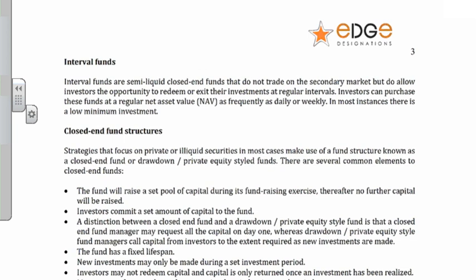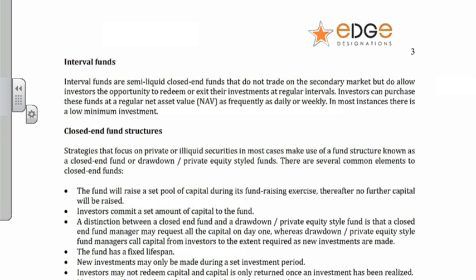We've also got interval funds over here onto page number 3. What are interval funds? These are semi-liquid closed-end funds. They don't trade on the secondary market. However, there is an option for investors to exit their funds or to make redemptions at certain times, called intervals.